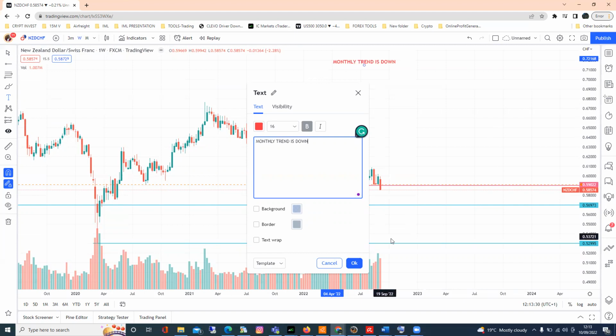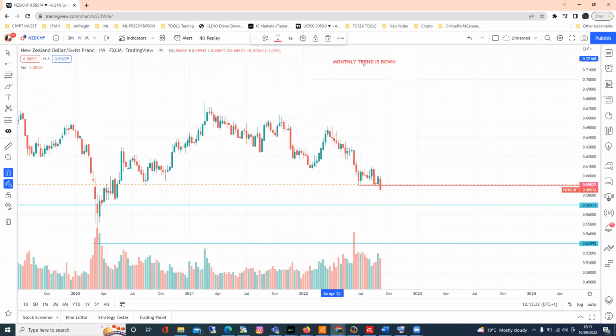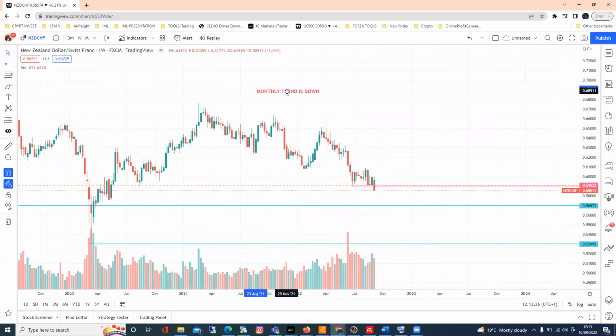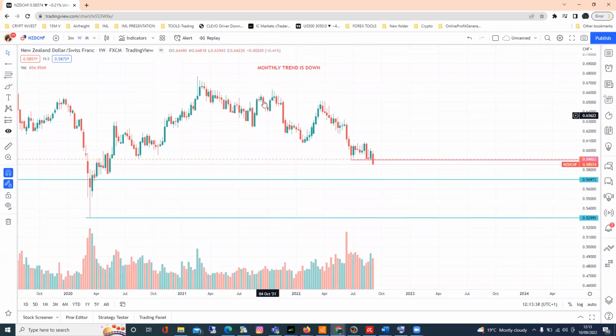On the weekly, for the monthly trend to continue going down, the weekly should be cycling in the same direction, so the weekly will be the next chart that will have to be going down for the continuation in the monthly to continue to decline.